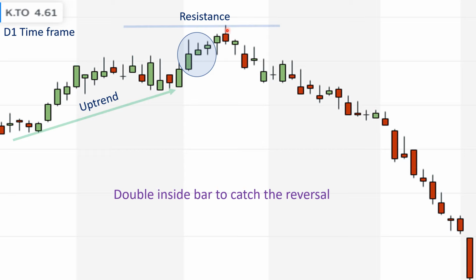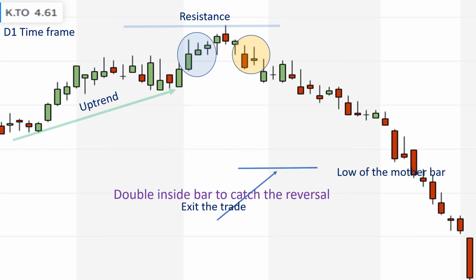Therefore, the best approach is, since you are near reversal, near resistance, wait for the price to make the reversal move first and then form an inside bar like this.